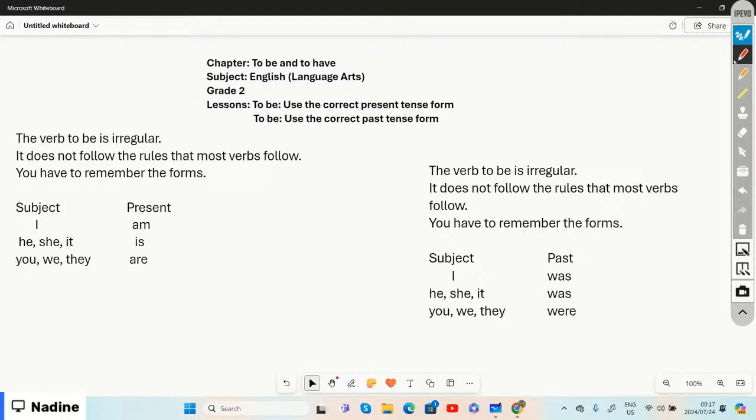You're still going to use I, but you're going to use the present tense verb, am. So now you can even, for example, say I am, for example, 9 or 8 years old.